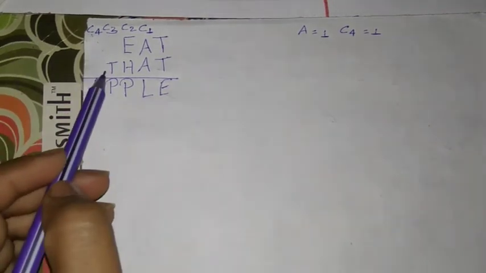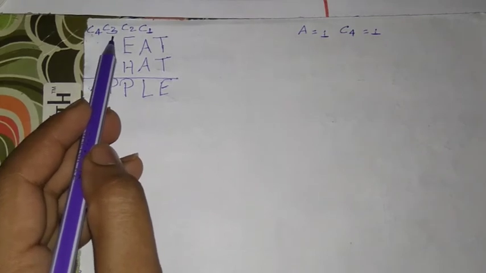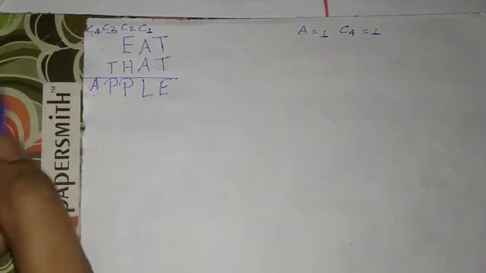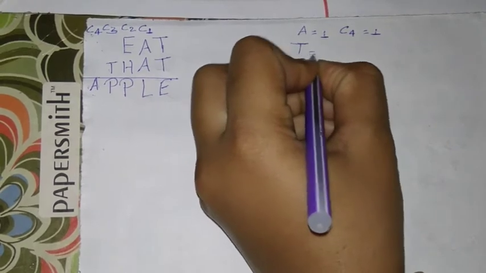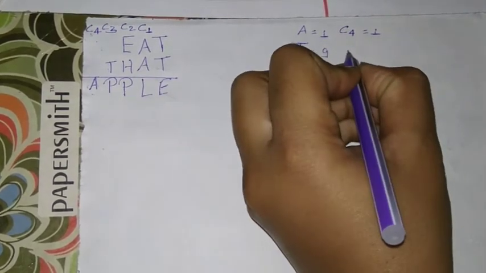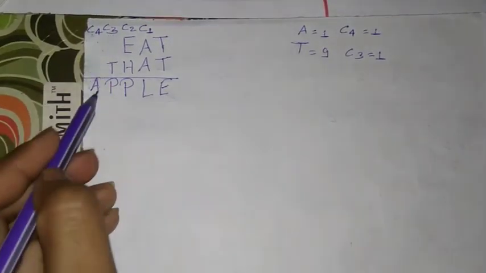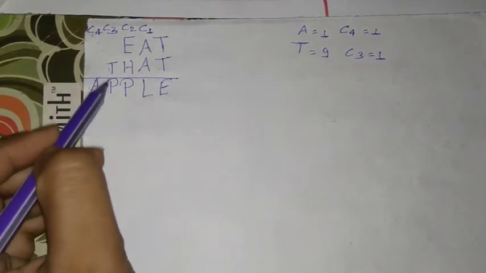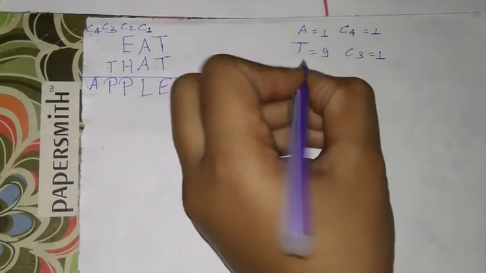So we take the value of T equal to 9 and the value of C3 equal to 1, so that we get 1 carry as output. And here 9 plus 9 plus 1 equals 19, so the value of P is equal to 0.